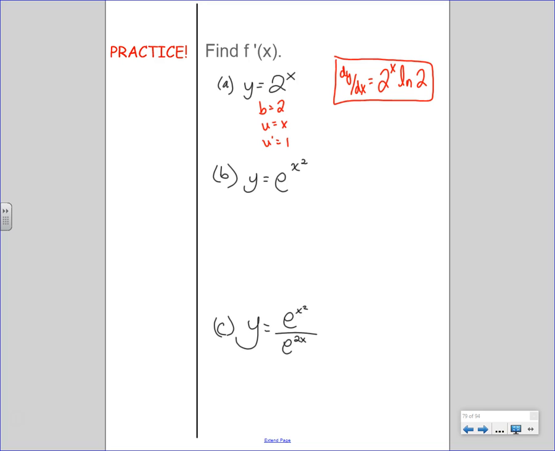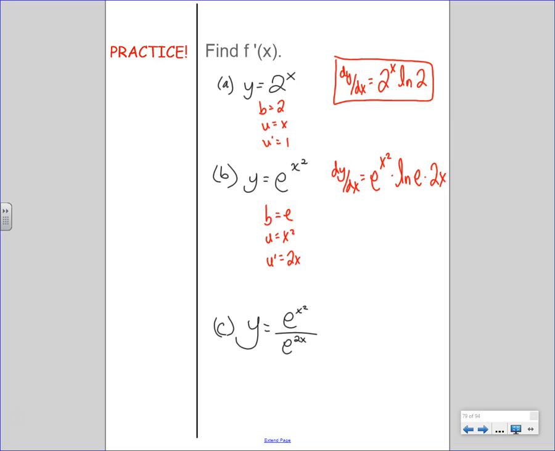Now what's going on with e to the x squared? Times 2x. Yeah, but let's try to use the b to the u, just because e is a b technically. So b is equal to e, u is equal to x squared, u prime is equal to 2x. So dy/dx would equal e to the u, times ln of the base, so 1, times u prime.